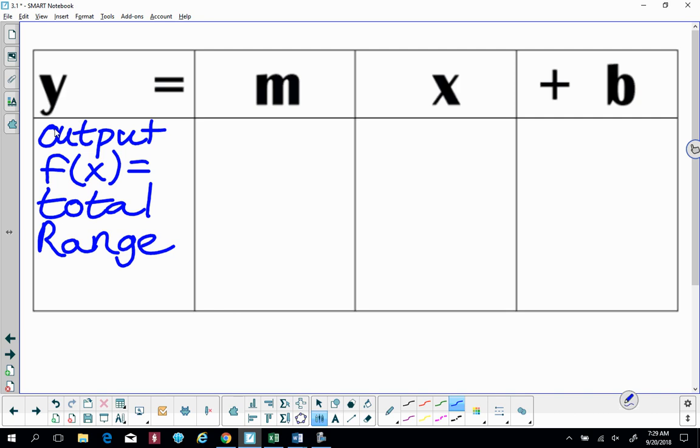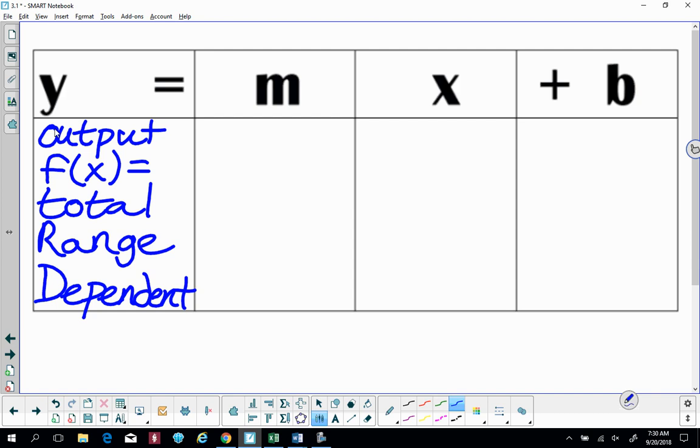So the range is like on the y-axis, how far your graph goes. Is it from negative infinity to infinity, or what is it from? Okay, so that's your range. And this is our dependent variable.